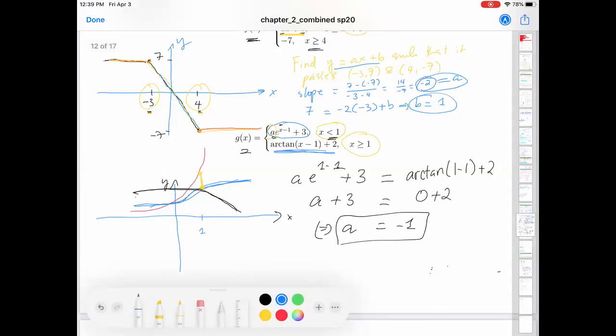And then again, the blue graph is the arctangent here, and the black graph is the new graph when a equals negative 1, and then you can see that the two graphs meet at the point x equals 1. Again, the black graph is the reflection of the red graph over the x-axis.